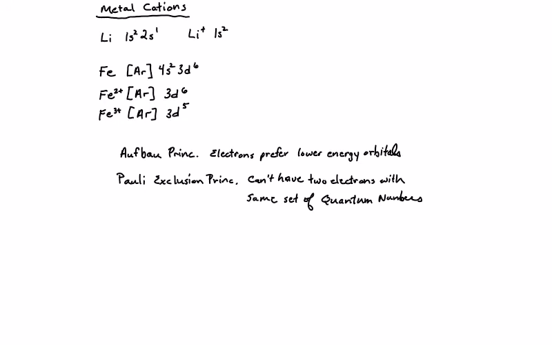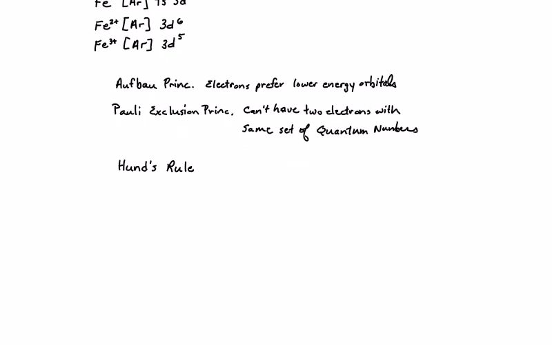There's a third rule here called Hund's rule, and Hund's rule only comes into play when we're talking about orbitals that have more than one suborbital. Before I put a definition to this, I just want to give you an example. If you consider nitrogen, nitrogen is going to have 7 protons, therefore 7 electrons.